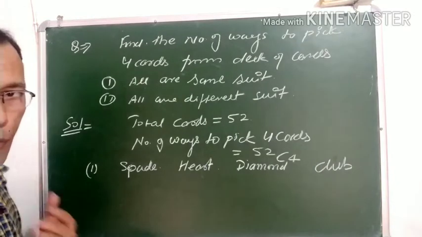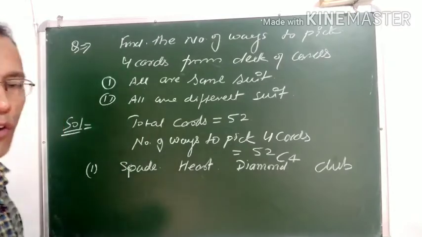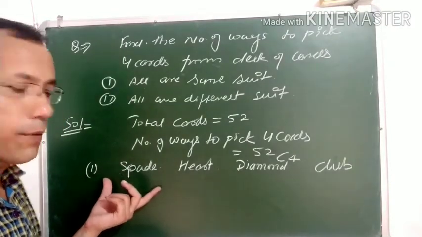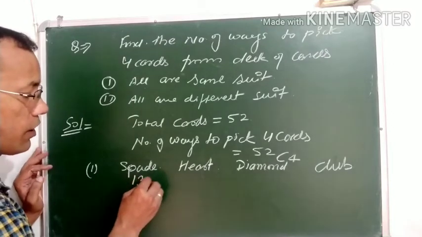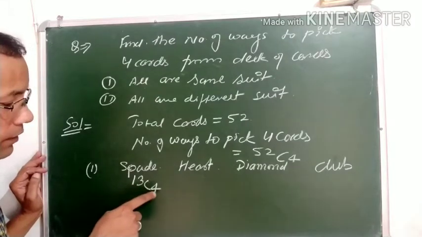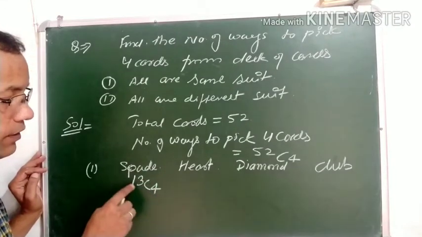All same suit means all 4 cards must be spades, so that is 13C4: out of 13, we can pick the 4 spade cards.